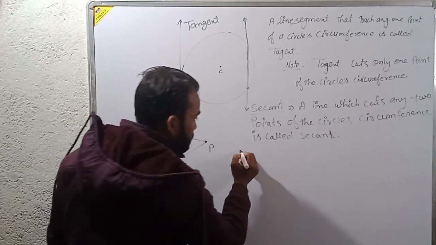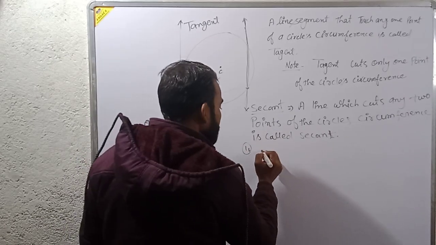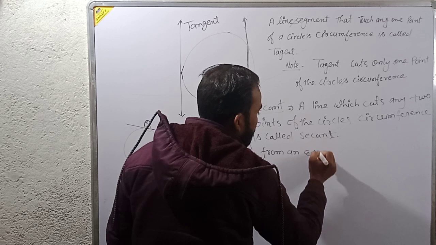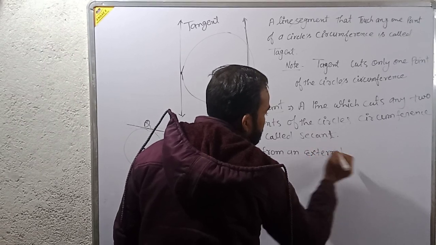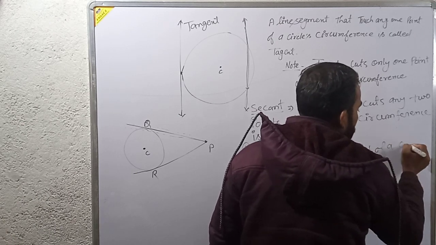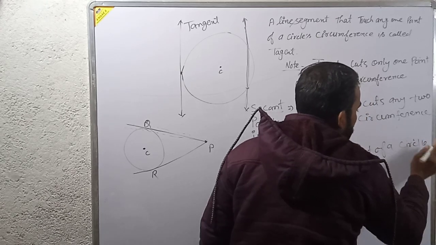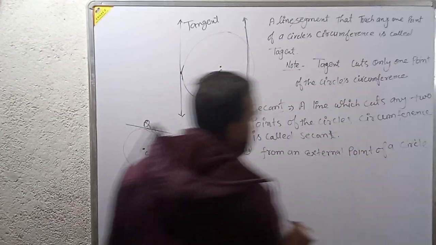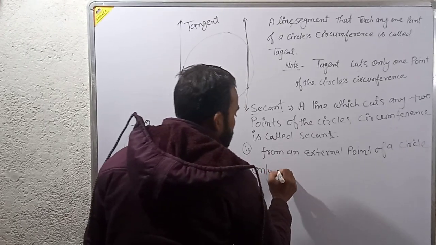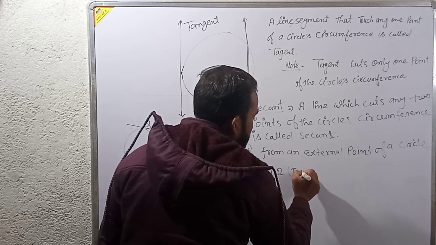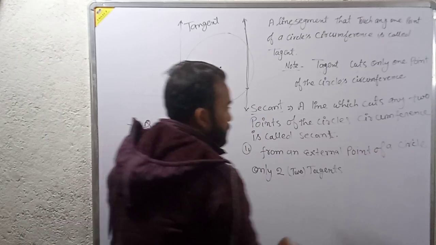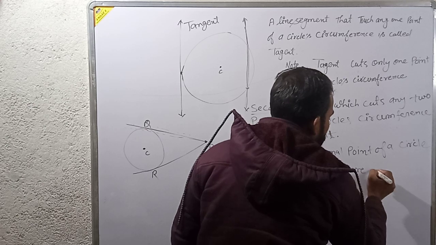That means from an external point of a circle, only two tangents can be drawn.